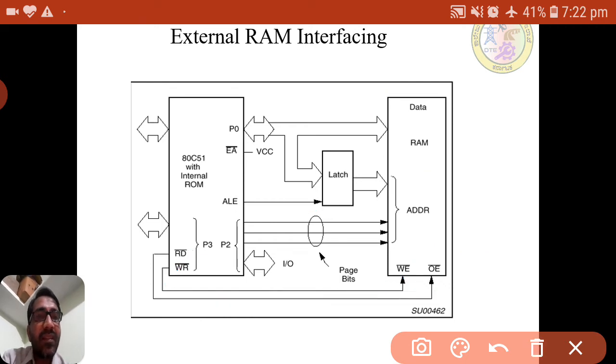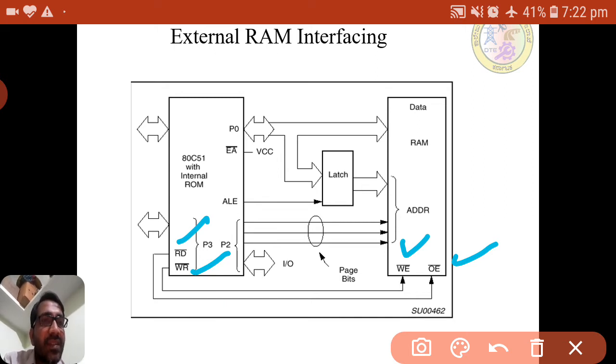You can see here the read and write signals are connected to OE, the output enable, which is nothing but the read signal, and here the write enable. One more thing, regarding the address lines: if it is less than 8 address lines, only this bus is enough.